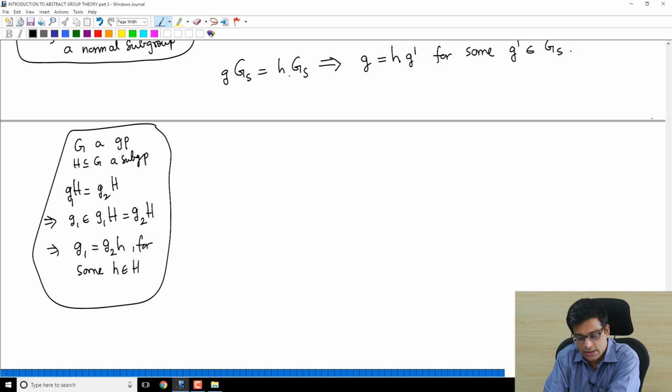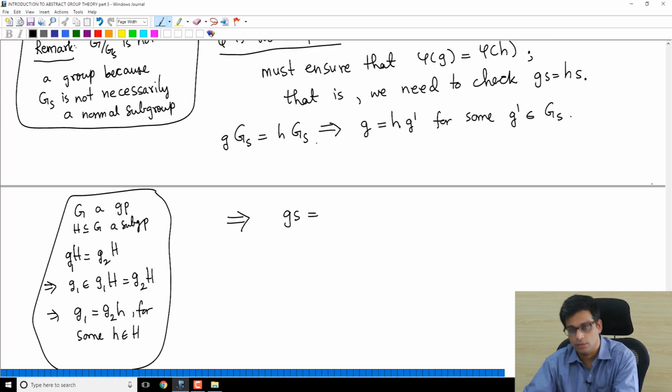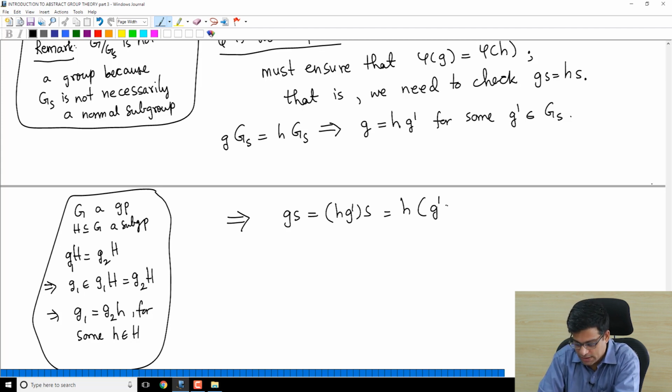I am using the same idea here. g G_s is equal to h G_s. So g must be h times something in G_s. Now this implies, if I apply both to the element s, g s equals h g' s, because g is equal to h g'. But the group action property says that (h g') s is equal to h (g' s).